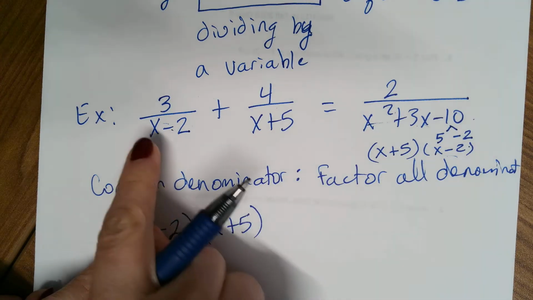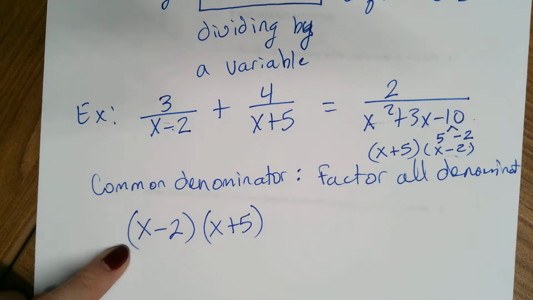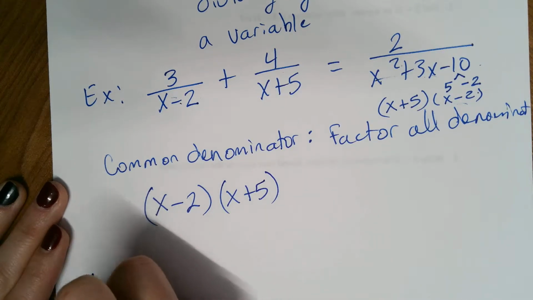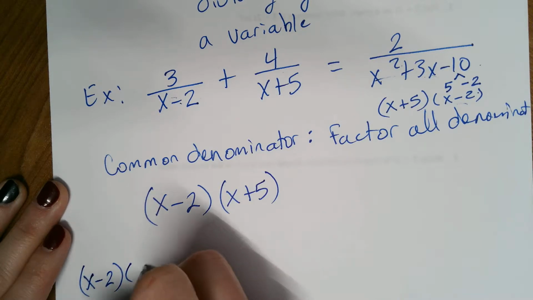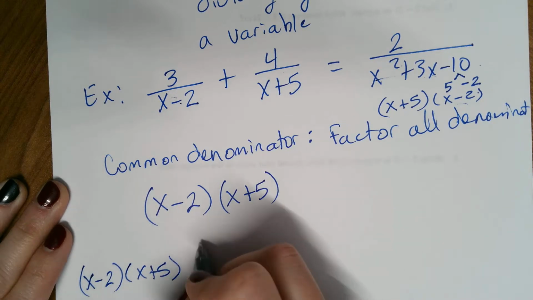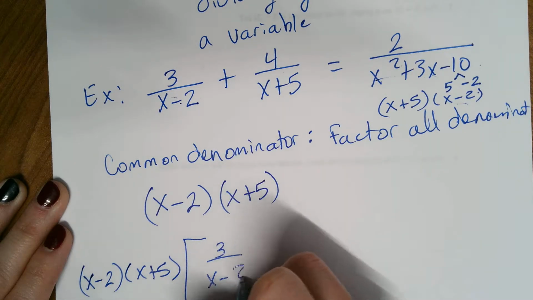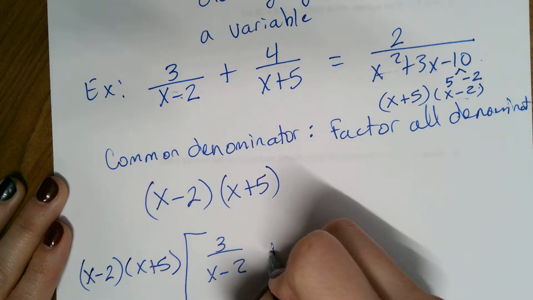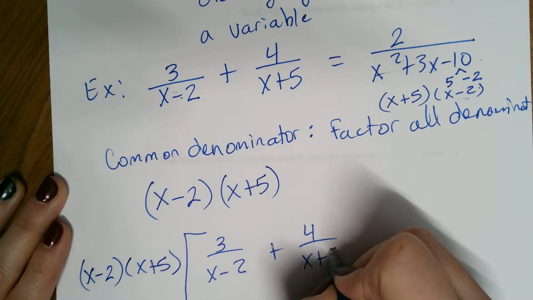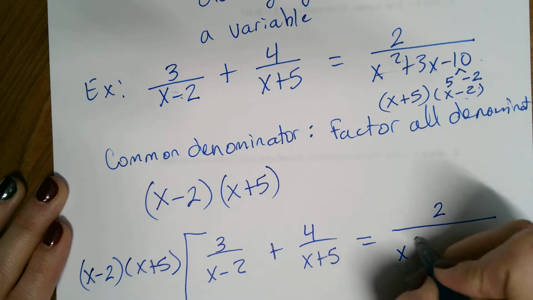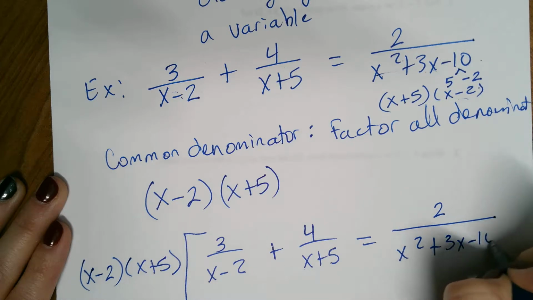So I'm going to take each term inside the rational equation and multiply by my common denominator. So I'm going to have x minus 2 times x plus 5, and I'm going to multiply my whole equation by that. So 3 over x minus 2 plus 4 over x plus 5 equals 2 over x squared plus 3x minus 10.